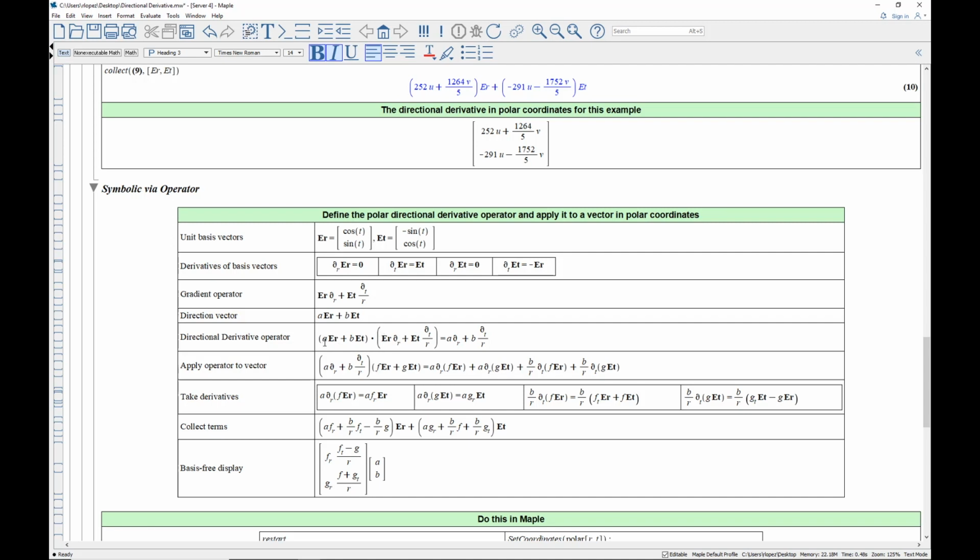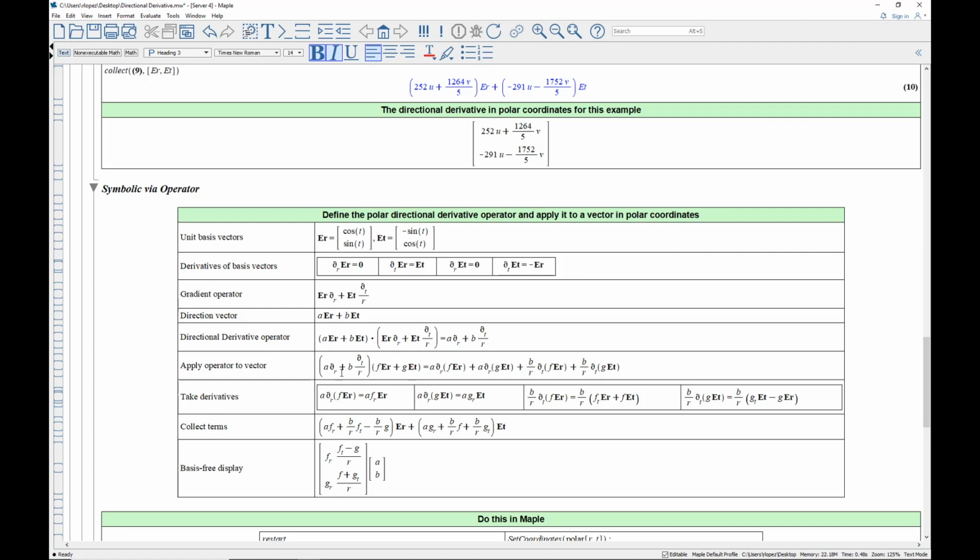So what's going to show up? A partial with respect to R, B partial with respect to theta over R. So is that the equivalent operator for what we saw in the Cartesian case? Let's try that. Operator acting on a polar vector, F ER plus G E theta.